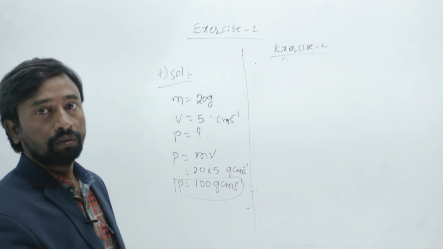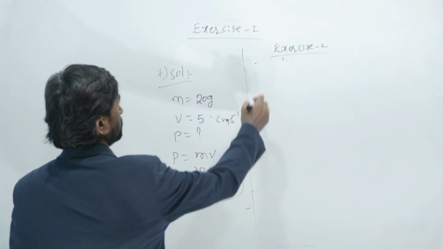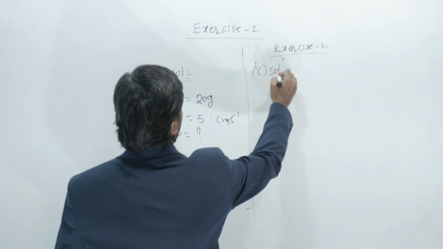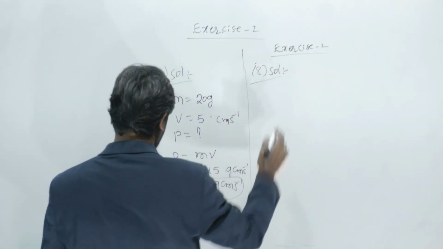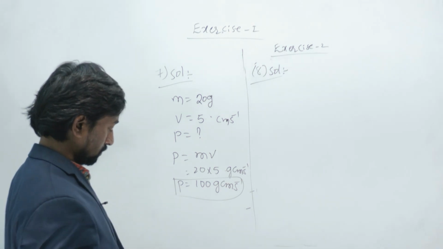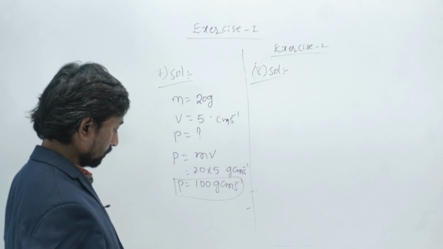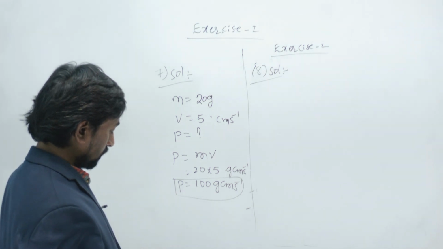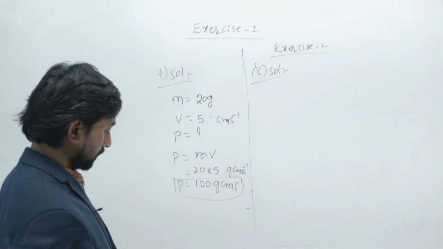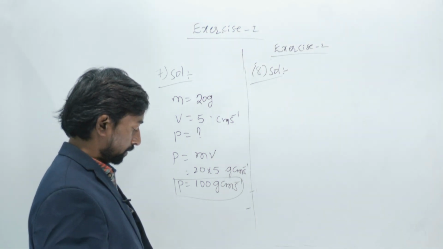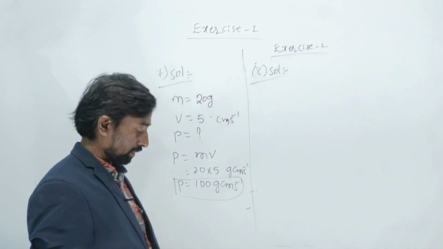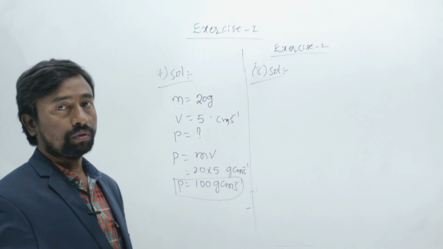Now the eighth question, eighth solution. They are asking about linear momentum. If u and v are the initial and final velocities of a body, and m is the mass, the initial momentum is given by mu.